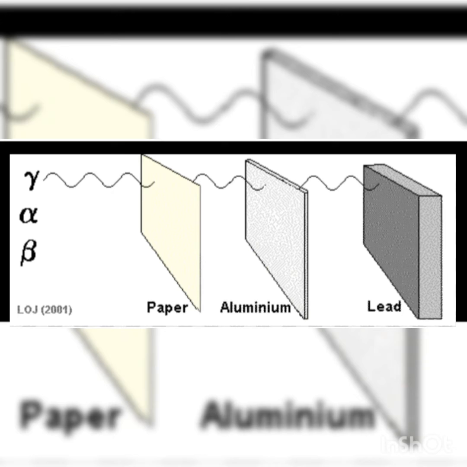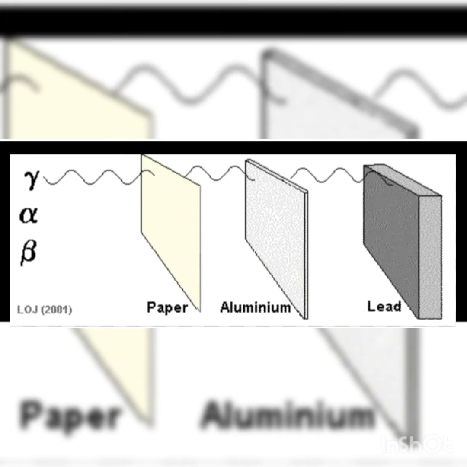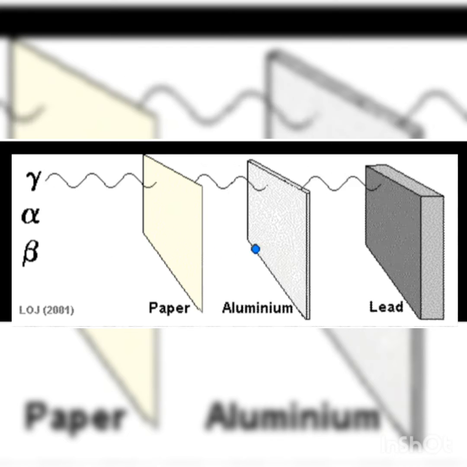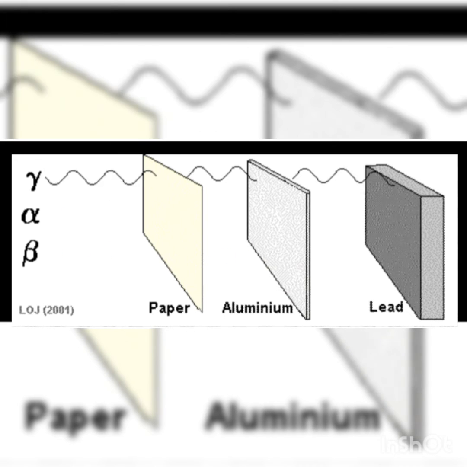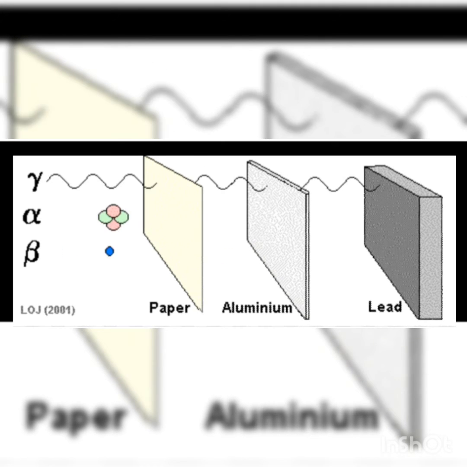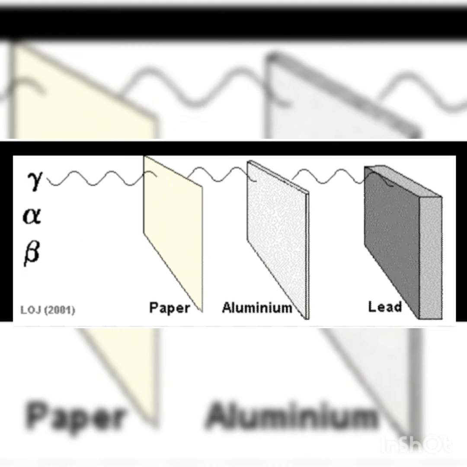Consider a source from which three kinds of rays are being emitted: alpha, beta and gamma rays. You can see alpha particles can only pass through the first stage, that is the paper. Beta particles can pass a little more, through the aluminium as well as the paper.